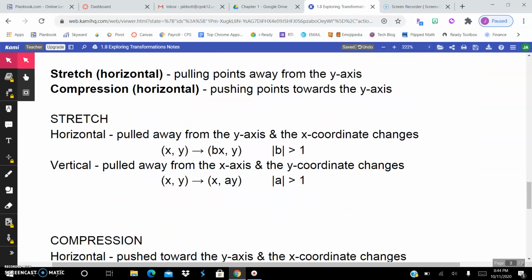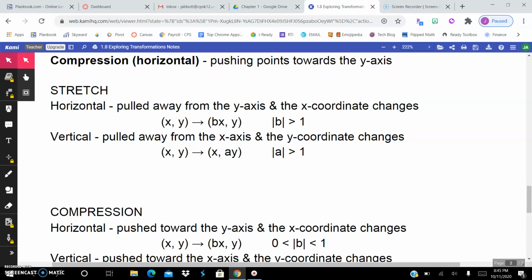Now, for stretches and compressions, stretches are pulling points away from the y-axis, and a horizontal compression would be pushing the points. So a stretch is pulling, compression's pushing. So for a horizontal stretch that's being pulled away from the y-axis, the x-coordinate is going to change, and you're just going to multiply it by the factor given in the problem.